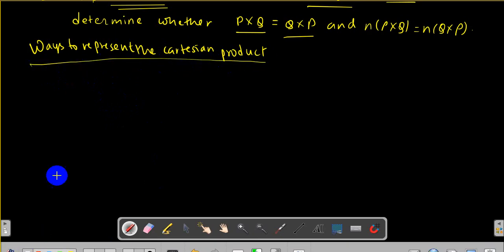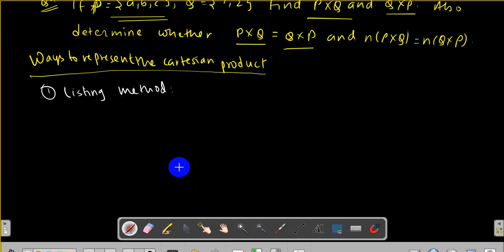Okay, the first one is the listing method. Listing method is the same process that we have done now.